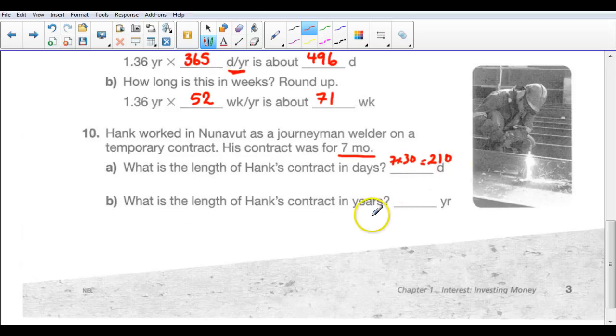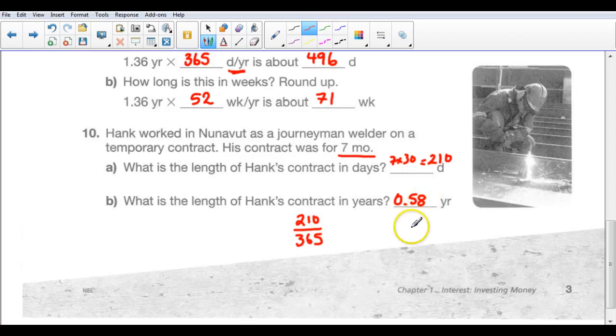What is the length of Hank's contract in years? Well, we know it's 210 days, and we know there's 365 days in a year. So we just take this number divided by this number, and we're going to get an answer, 0.58 years. So a little over half a year is 7 months.